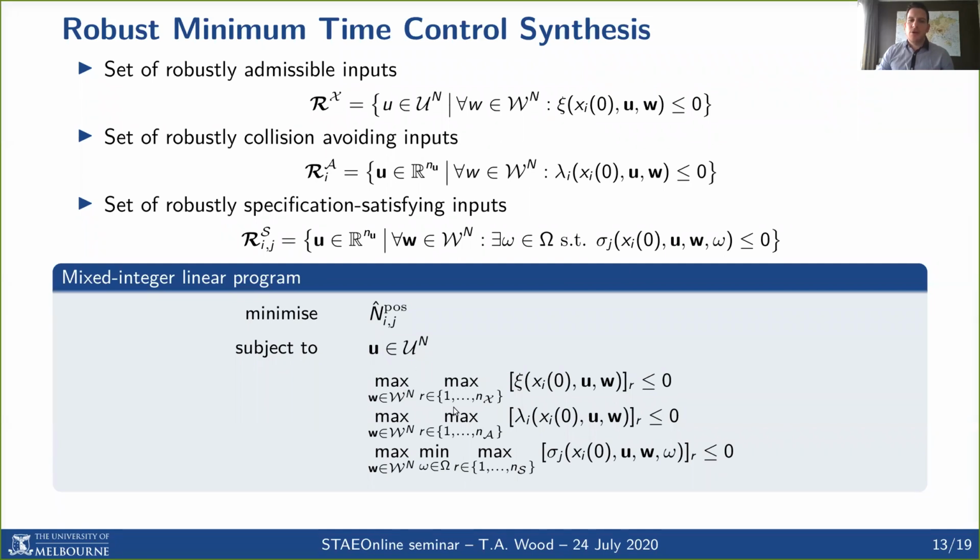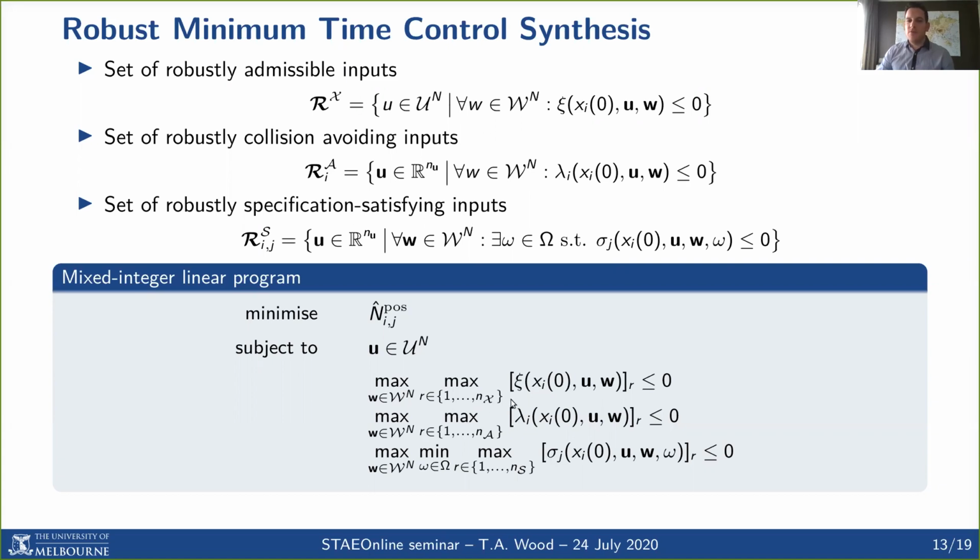So for every row, we have a set of constraints with many rows for all of these functions, and they need to be satisfied for all disturbance.